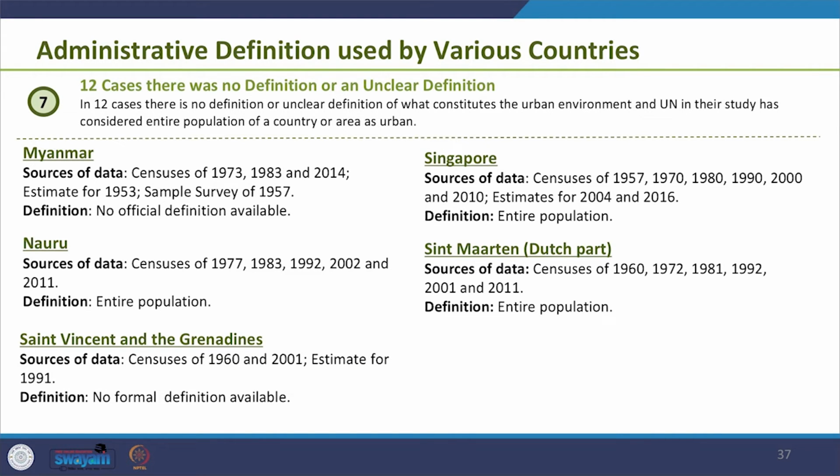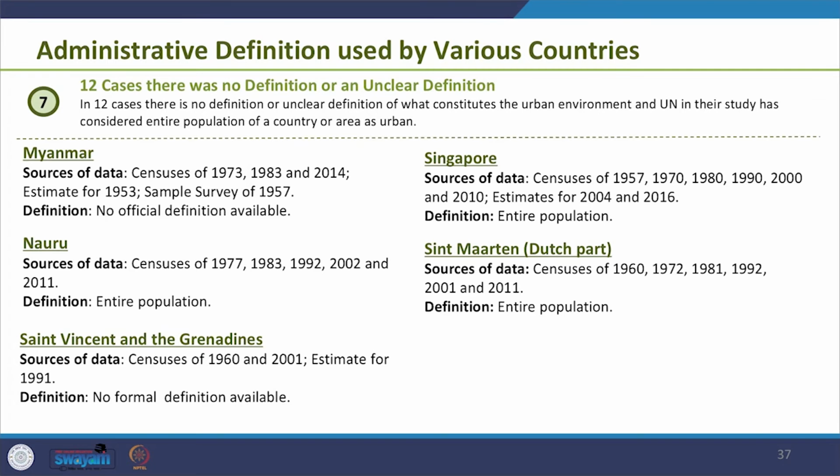Some of the countries do not have any definition or have an unclear definition. Some examples are Myanmar and Nauru, which have no official definition as stated by the study. For Nauru, they use the entire population as the urban population.